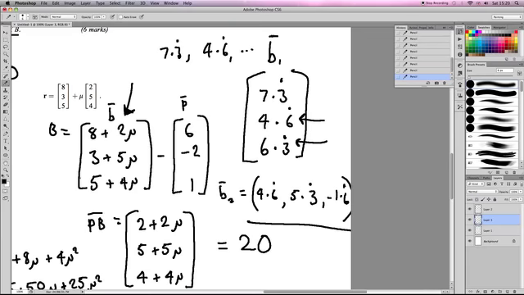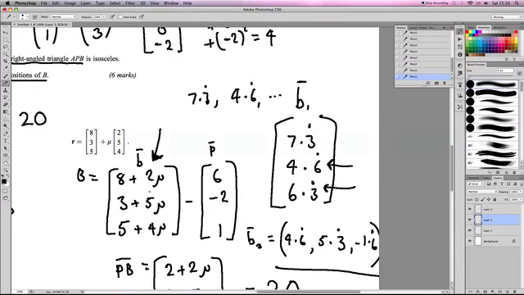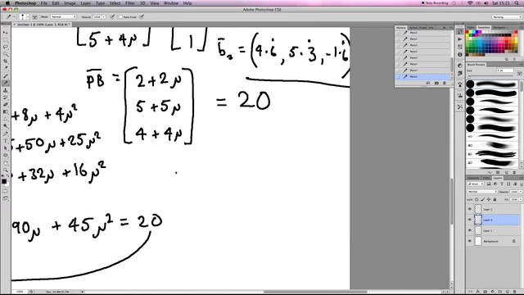So it will be 3, what was our mu again? Mu is minus a third. So it will be minus 5/3, and that gives us 1.3 recurring this time. So 7.3 recurring should be correct. And now it's 5 minus 4/3, and that's 3 and 6 recurring. Let me write that out again because it looks kind of messy.